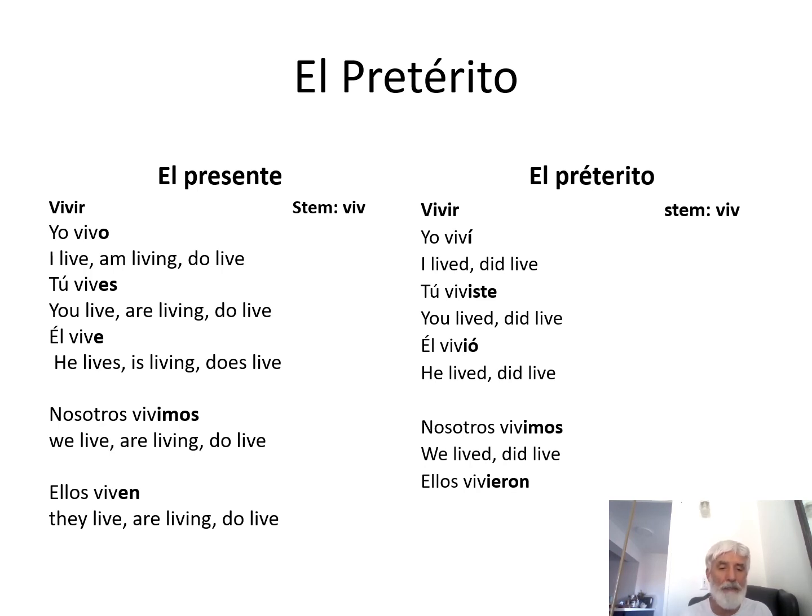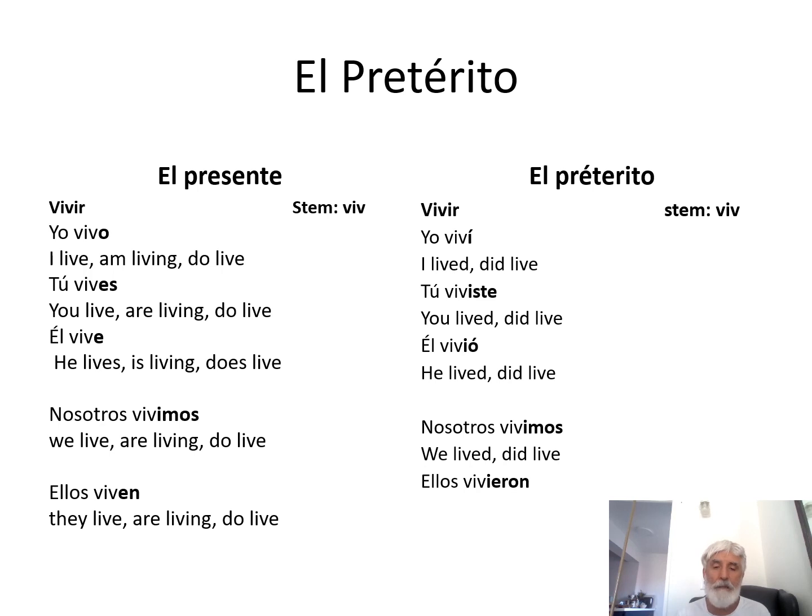Notice that the present tense conjugation and the past tense are exactly the same. How do we know which tense we're in? It's just context. So I could just say, nosotros vivimos en Greenville. We live in Greenville. But I could say, el año pasado, last year, nosotros vivimos en Colombia. So it's just the context. And finally, what about the ellos form?